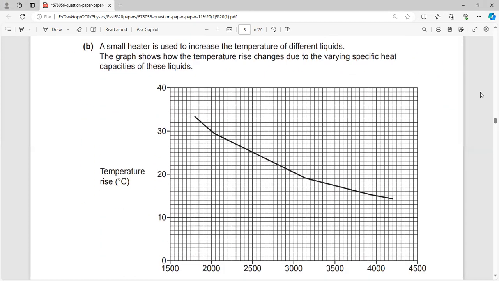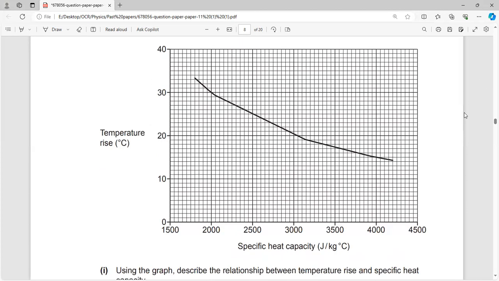We're going to move to the next question. A small heater is used to increase the temperature of different liquids. The graph shows how the temperature rise changes with the specific heat capacity of the liquid. Along the x-axis there is the specific heat capacity, while along the y-axis there is the temperature rise.